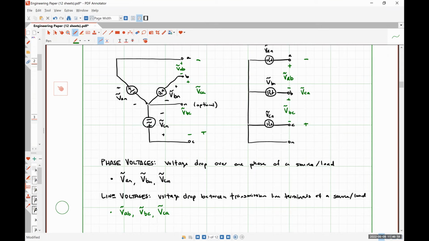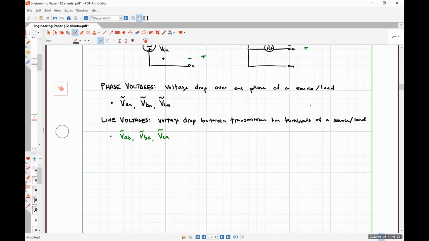Another quantity of interest is the phase current. A phase current is simply current flowing through one phase of a source or load.